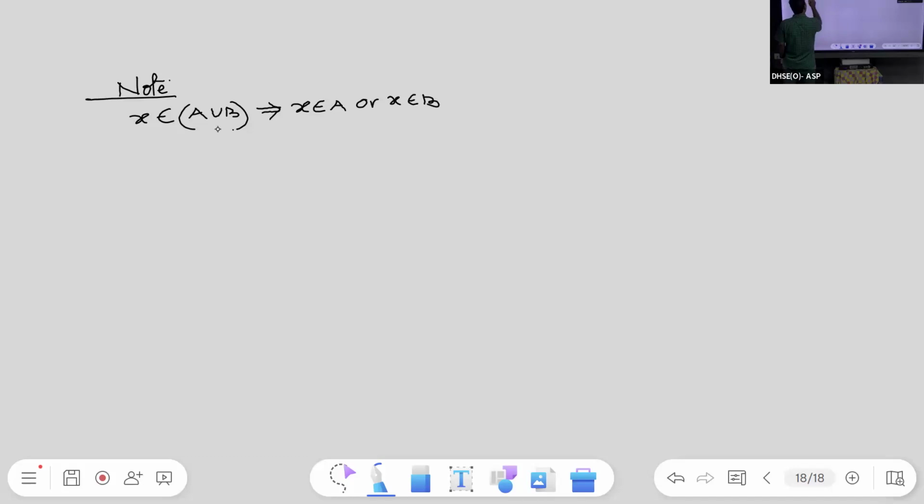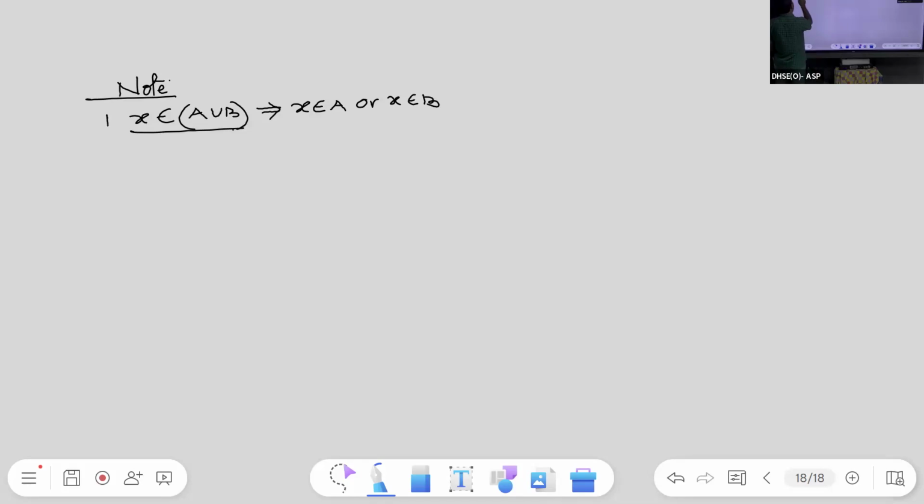If X belongs to A union B, this implies that either X is an element of A or X is an element of B.